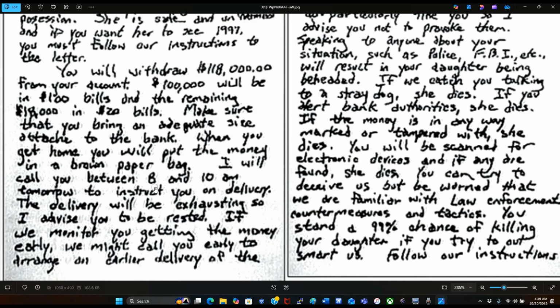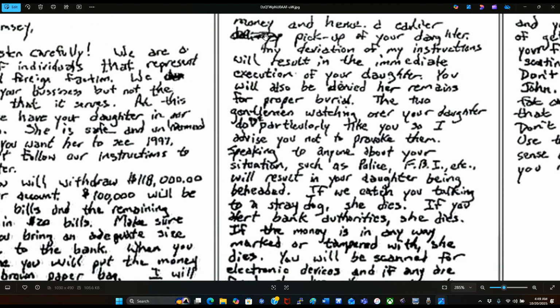And he says down here, I will call you between, and that's supposed to be 8 and 10, but there's some kind of code there too, tomorrow to instruct you on delivery. So see, he's written delivery here, Delivery. So when they say, well, Patsy Ramsey was putting this together and she was really nervous and she scratched out delivery, that's not delivery.